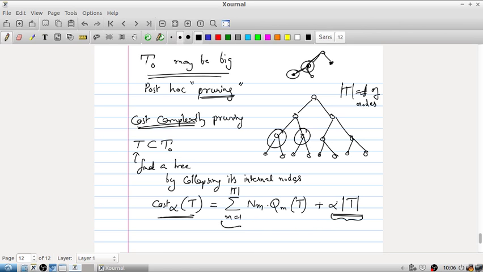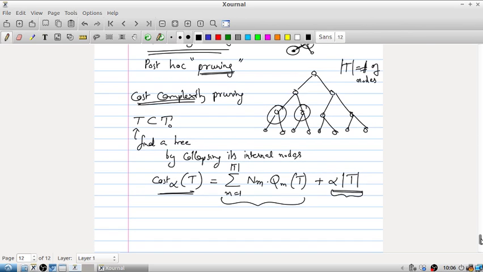The first term is just counting the number of nodes that I have. So m is going from 1 to the number of nodes in the tree, which is why we use the same notation. And for each node, I'm just counting the number of points in the tree.